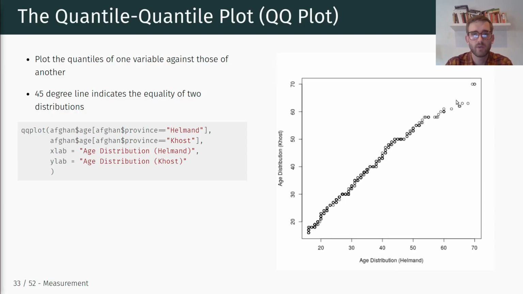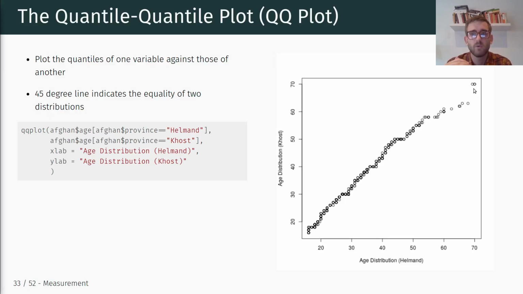And so we can say, for example, the largest age in Helmand is about 70, as well as the end of the distribution of the age in Coast is also about 70, right? So if all these points are on this 45-degree line, that means that both distributions have approximately the same shape.